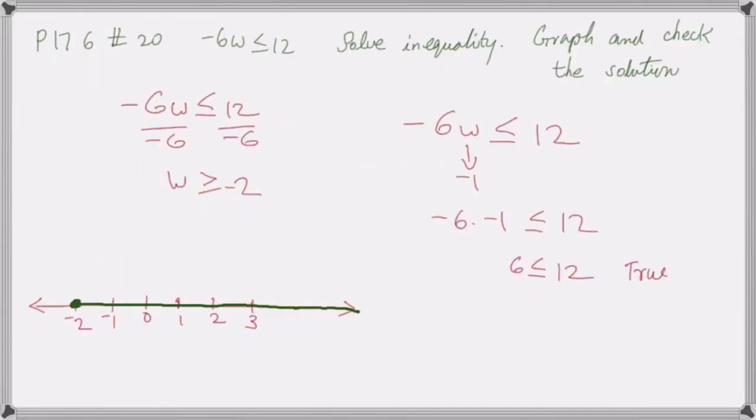But because this inequality is greater than or equal to, this has to be a completely closed dot. So the value of w is always greater than or equal to -2. So this is the graph.